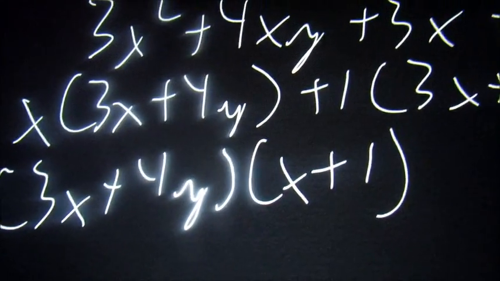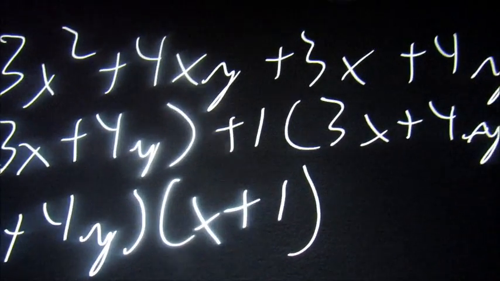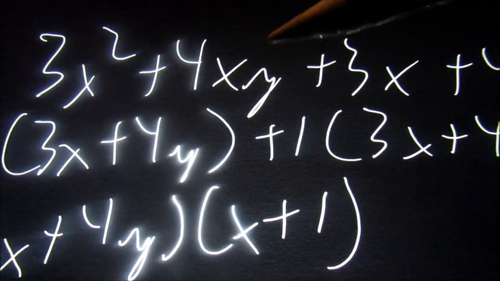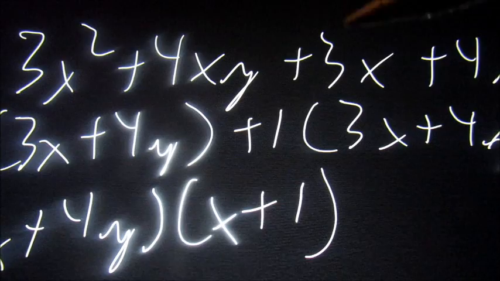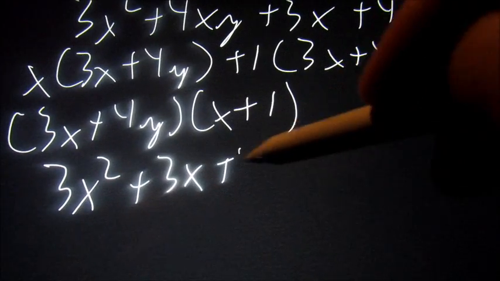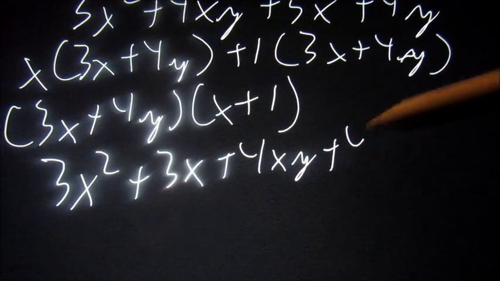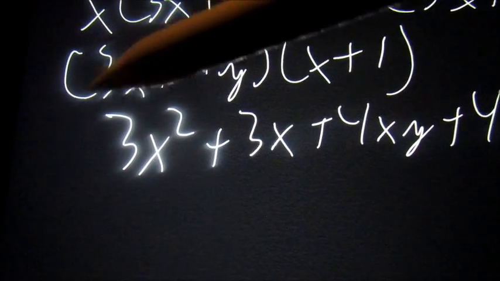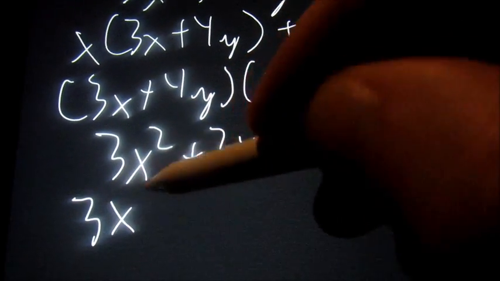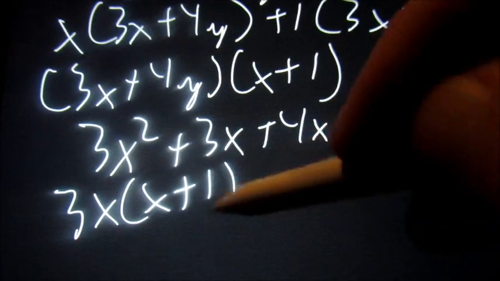Now, if you feel like you have to factor something out, you can rearrange these. So I'm going to flip these two around. I'm going to change it to be 3x squared plus 3x plus 4xy plus 4y. Now on this, I can factor out a 3x, and I'm left with x plus 1.